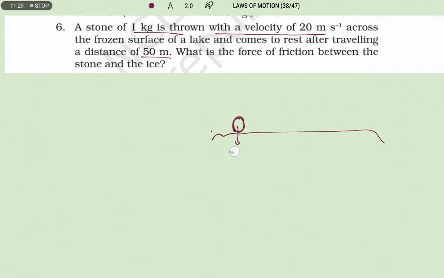What is the mass of the stone? The mass of the stone is 1 kg and it is thrown with an initial velocity u equals 20 meter per second, and after covering a distance of 50 meter the stone comes to rest.